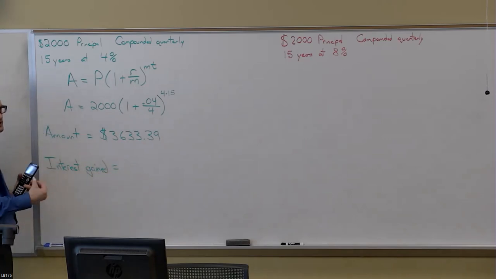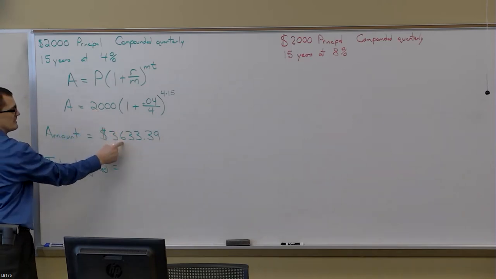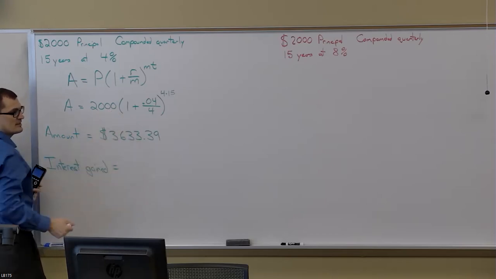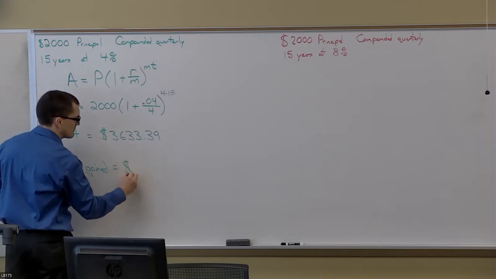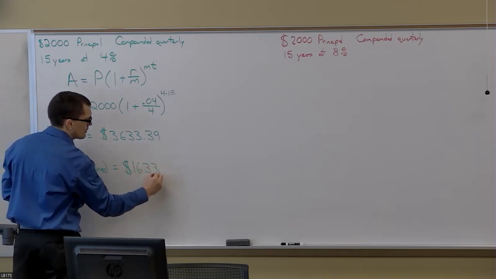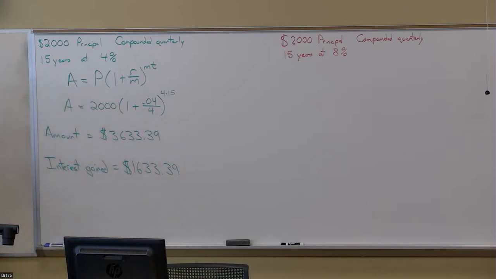How much money did we gain on this initial 2,000? Well, we start with 2,000, we ended up with this. So the difference is how much the gain was. The amount that was gained is $1,633.39. So this is how much you'll have in the account, and this is how much was gained over your initial 2,000 investment.